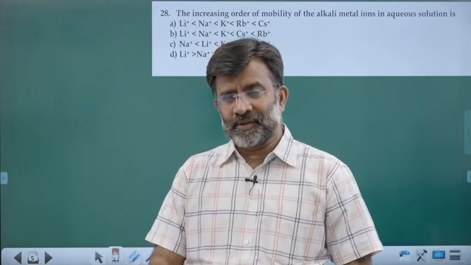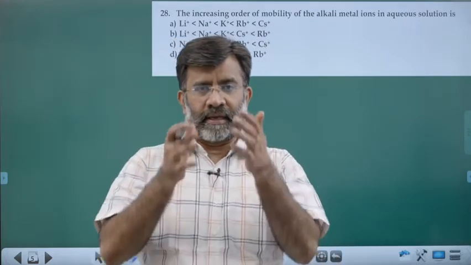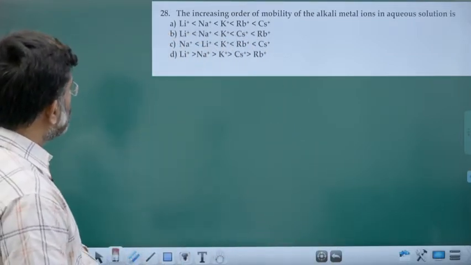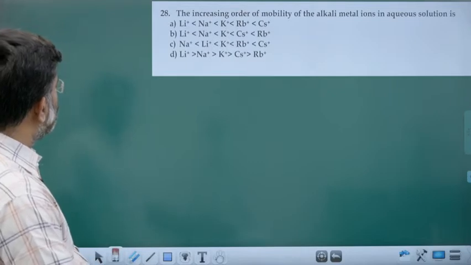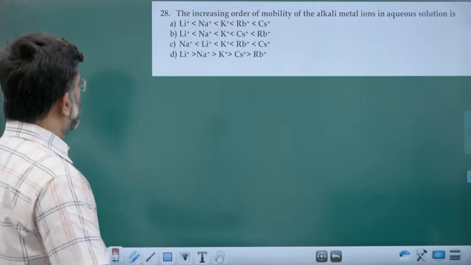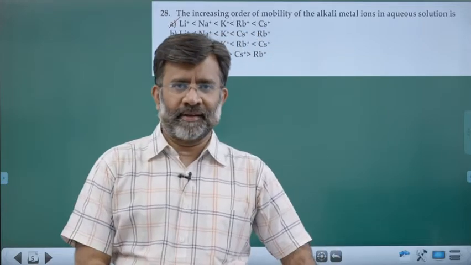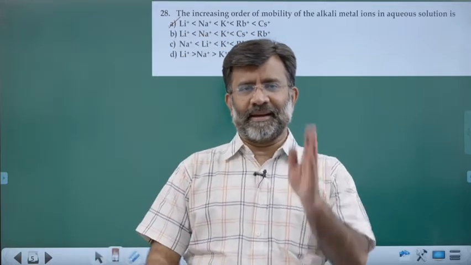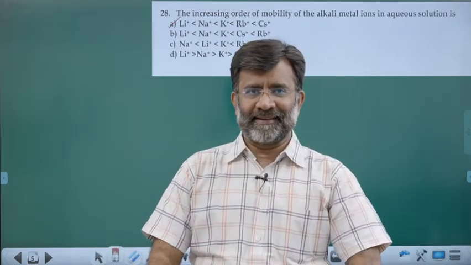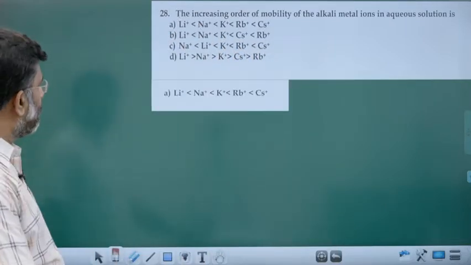So the size increases, mobility decreases, electrical conductivity decreases. So lithium will be minimum. The order of increasing mobility is lithium, sodium, potassium, rubidium, cesium. Option A. Lithium, small size, heavy hydration, so after hydration size increases, mobility decreases. Cesium, large size, does not undergo much hydration, so the mobility is high. Answer is option A. Next.